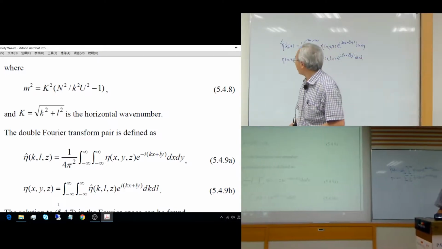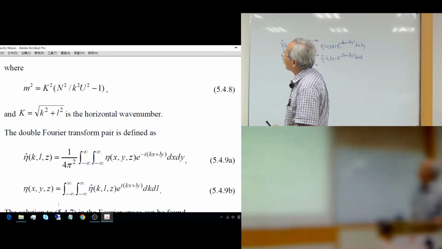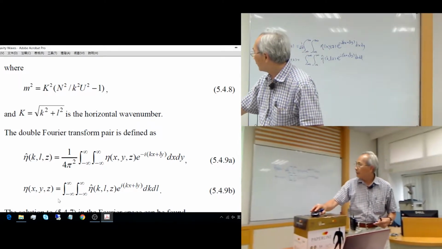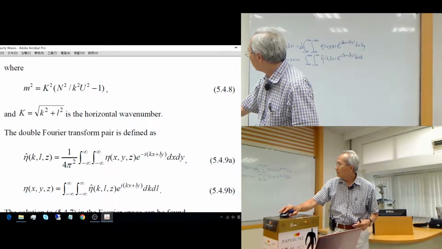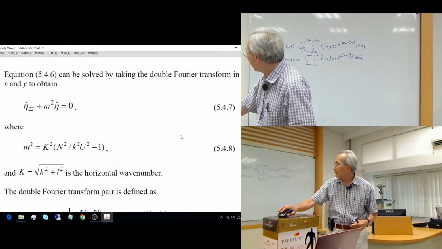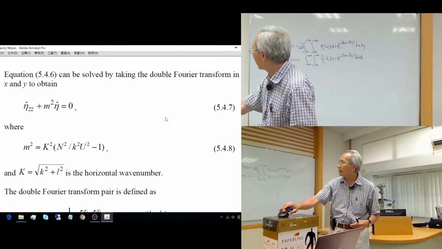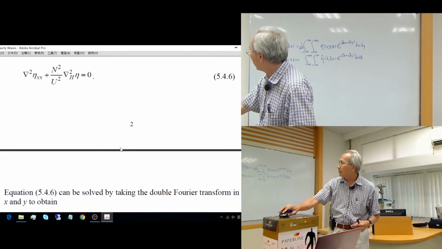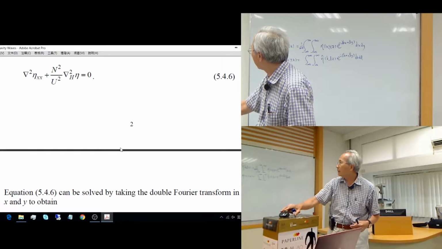So then we can make the Fourier transform of this governing equation, and that's pretty easy to do.